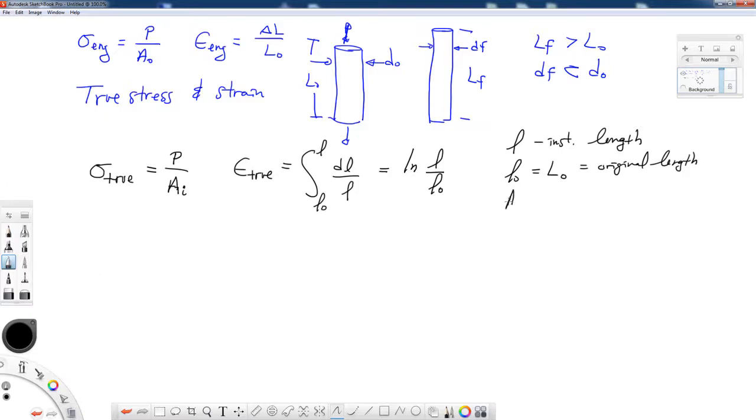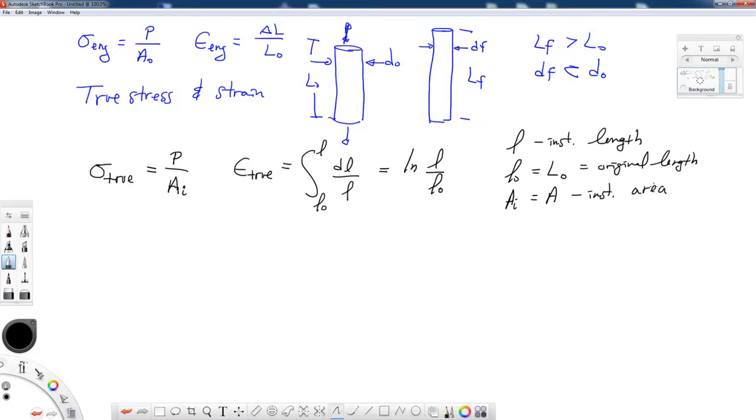And this A sub i, I'm calling the instantaneous area. We can also call that A. So we can convert our engineering stress and strain to true stress and strain.